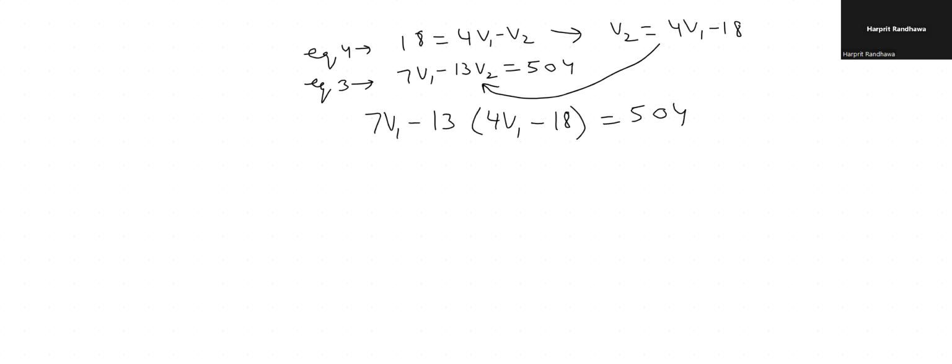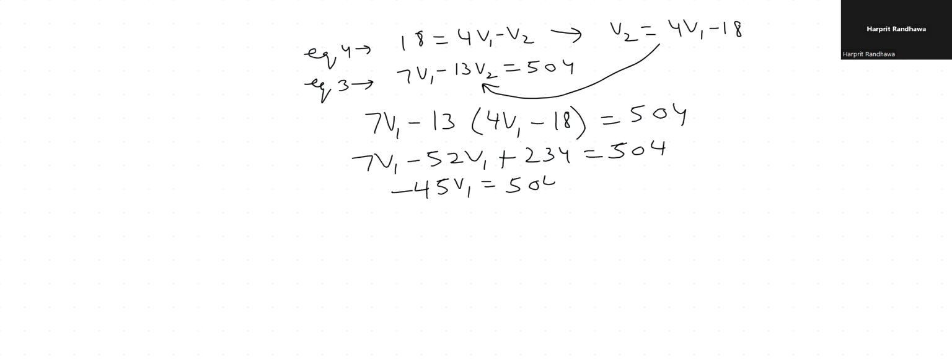Now 13 times 4 gives me 52 V1, and 13 times 18 gives me 234, is equal to 504. So when you solve this, you get 7 minus 52, that is minus 45 V1, is equal to 504 minus 234.